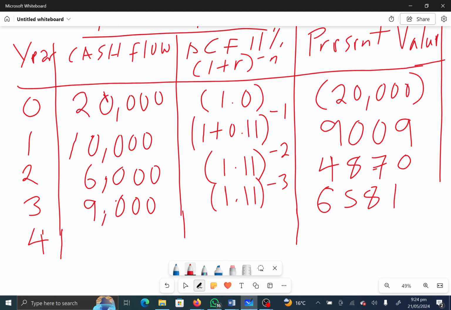So then we go into year 4. Our cash flow in year 4 was 1,000. Then our discounted cash flow is 1.11, and the year is year 4, so to the power negative 4. Then we multiply 1,000 by 1.11 to the power negative 4.